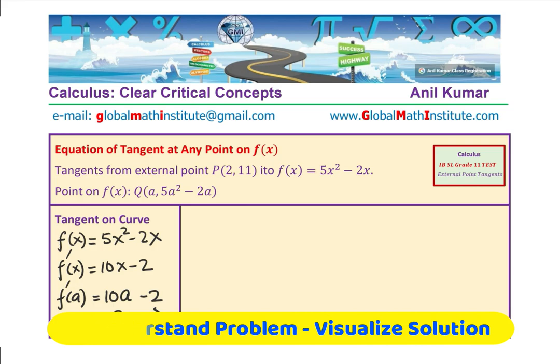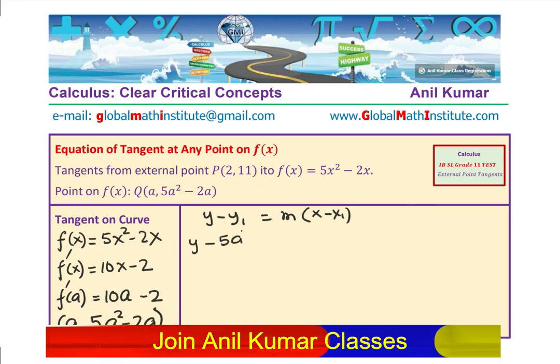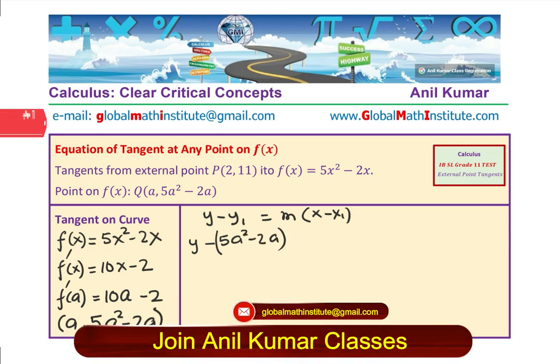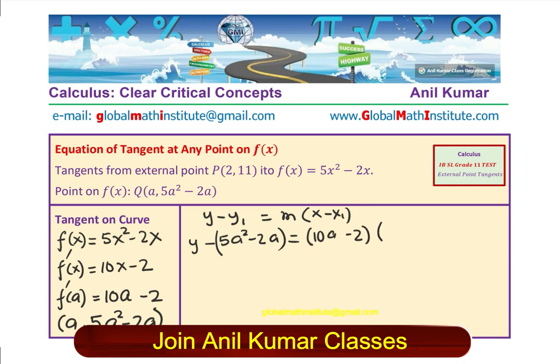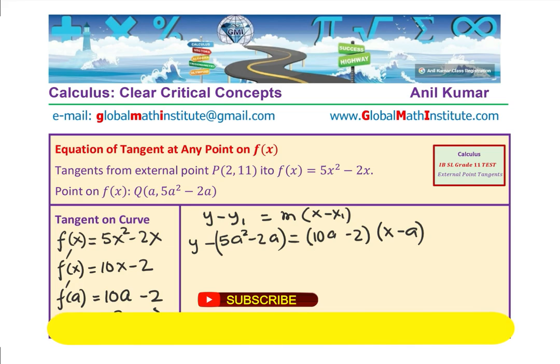Now, if I know the slope and the point, I can use this equation y minus y1 equals the slope or gradient times x minus x1. So we have y minus y1, which is 5a squared minus 2a, put in brackets, equals the gradient f prime of a, which is 10a minus 2, times x minus a, right? So that becomes the equation of tangent, which goes from point P to the function, right?